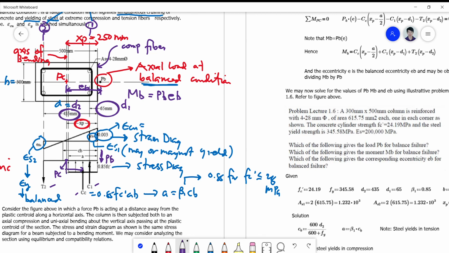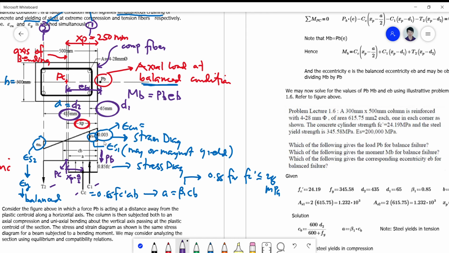So this is XP minus A over 2. And so is true with the distance from C1 to the plastic centroid. It's simply XP minus D1. And for your T2, it's XP minus D2 or D2 minus XP.